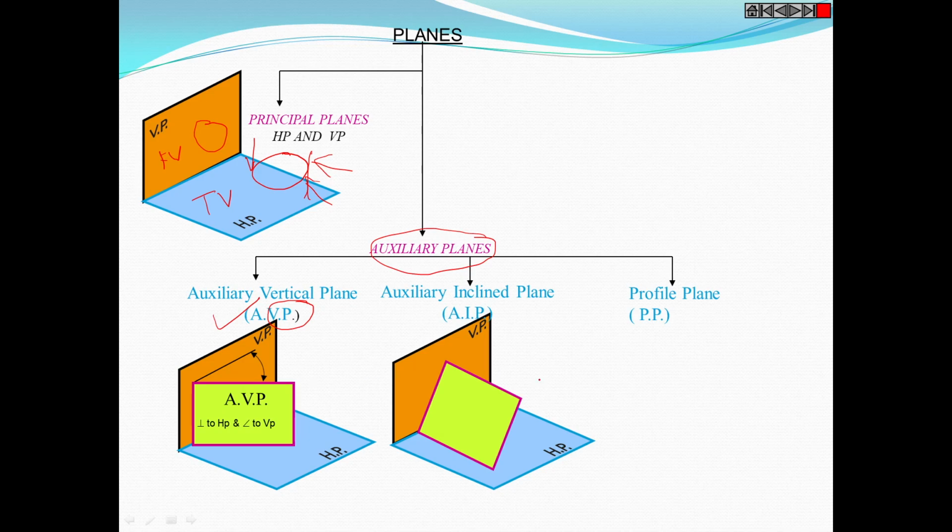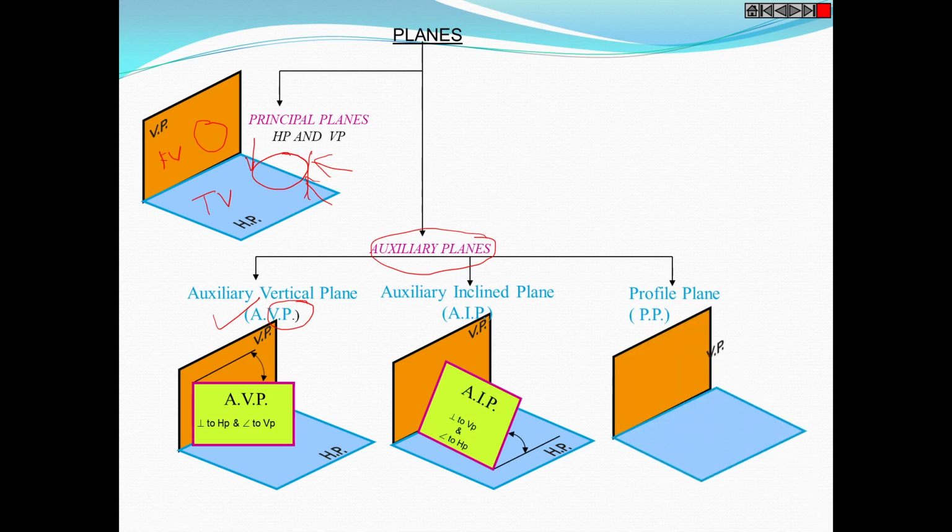In the profile plane, we get the condition that the plane is perpendicular to both the principal planes. So this is the profile plane. This plane is perpendicular to the vertical plane as well as the horizontal plane.